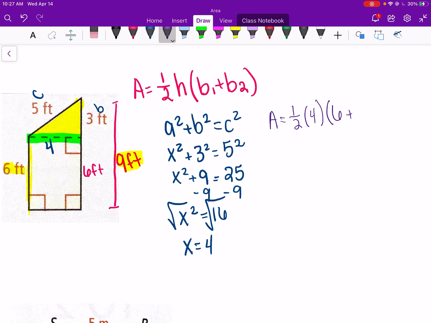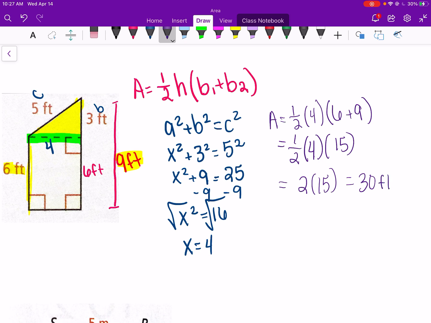And remember, the whole base on that right side was 9 feet. So 6 plus 9, and 6 plus 9 is 15. 1/2 times 4, sorry, is 2. Times 15 is 30. So our area is 30 feet squared.